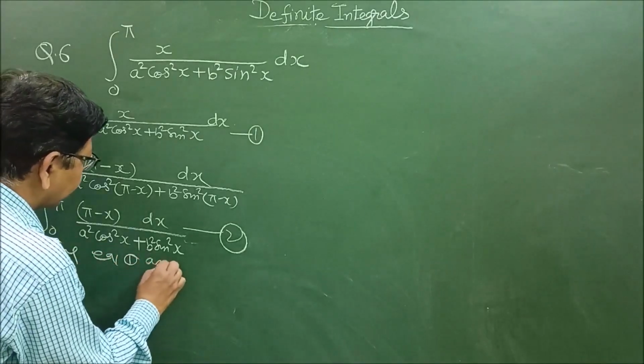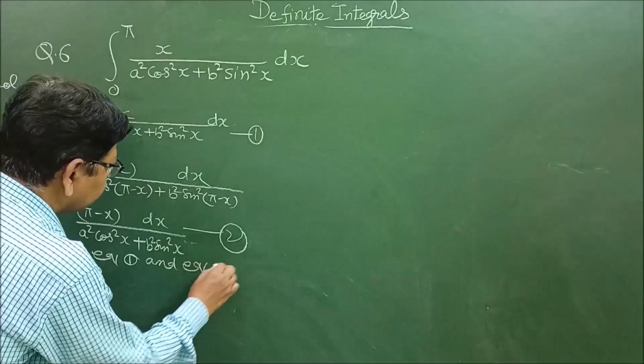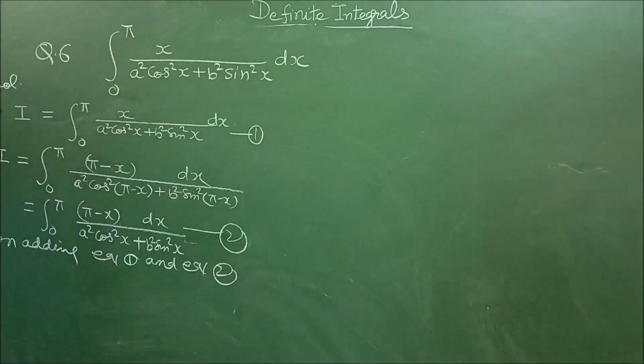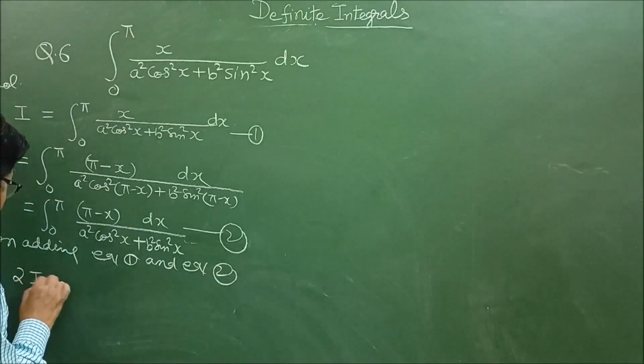Now on adding equation first and equation second, in the left hand side we get I and I, that is 2I.